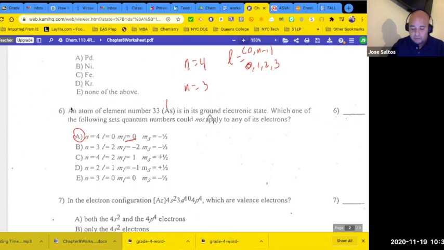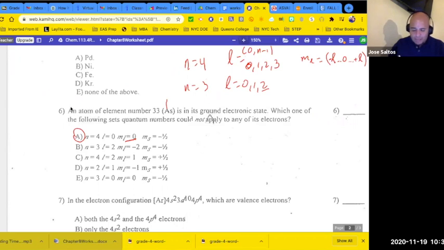We have n equals 3. So our L's could be 0, 1, and 2. For our ML, remember, the range is negative L to 0 to positive L. So for L equals 2, ML could be negative 2, negative 1, 0, 1, and positive 2.